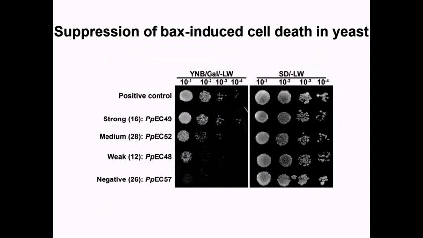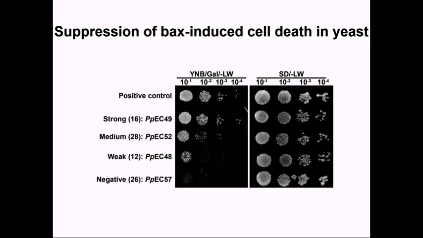Okay, so that's just a brief look at some of the assays that we did to find these effector candidates. We've also used a yeast cell death quadfecta. We're working on the quadfecta of assays here. We have suppression of bax-induced cell death in yeast.